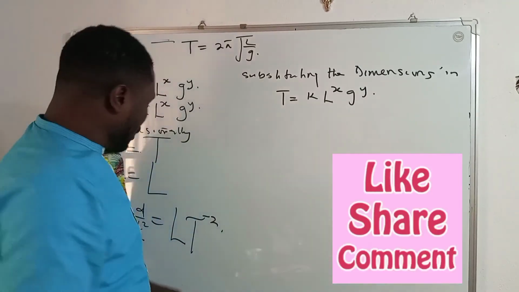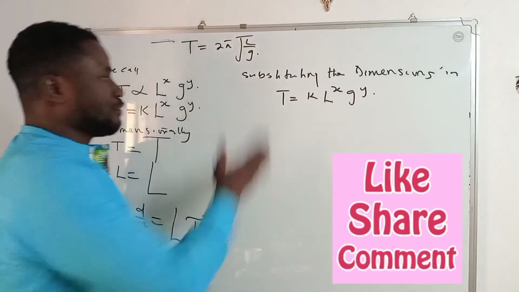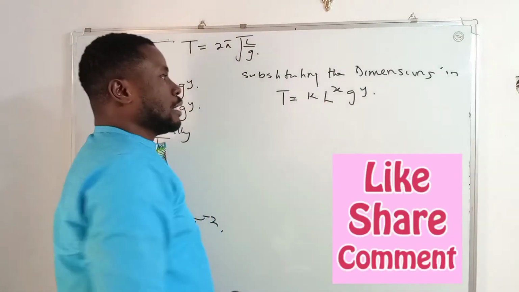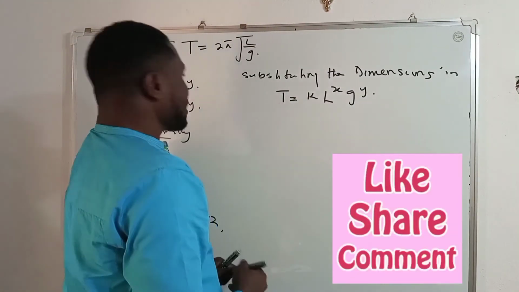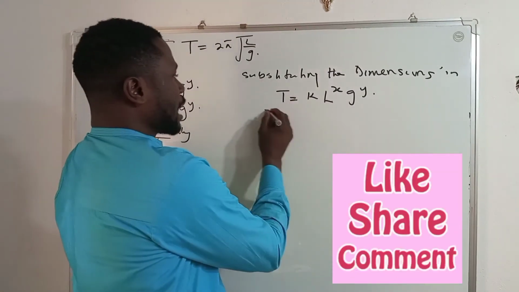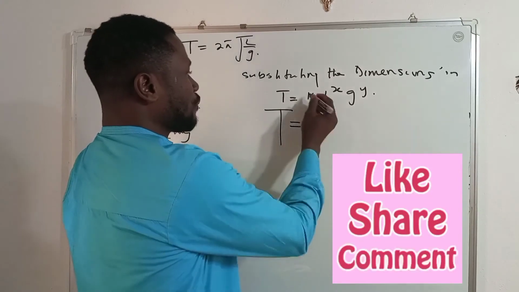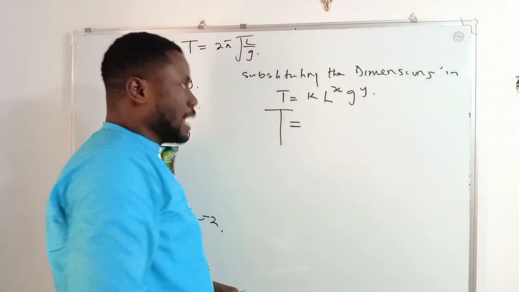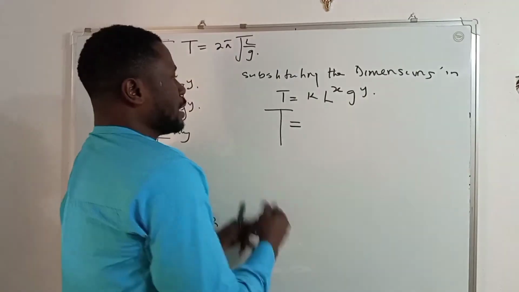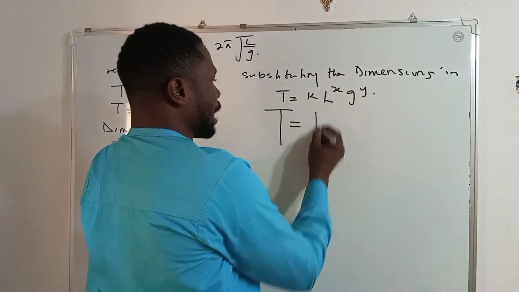So the dimensions we've gotten, we have to substitute them in this formula. Now, at this point, what is the dimension of T? Here it is capital T. What is the dimension of k? k is dimensionless because it is a constant. Then the dimension of the L here is capital L.